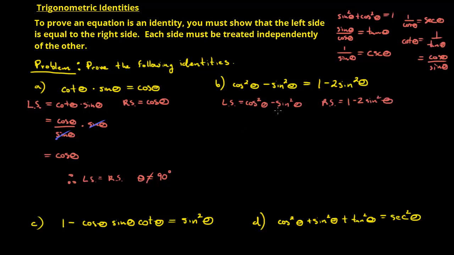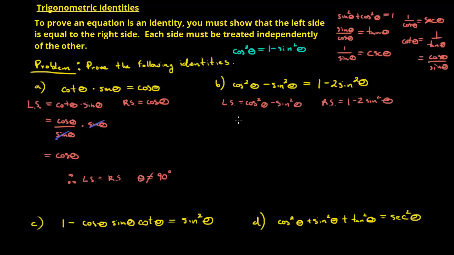Anytime you have something like cos squared theta or sine squared theta, it's a good idea to try to use the Pythagorean identity. As an aside, if we know that sine squared theta plus cos squared theta is equal to 1, then if I subtract sine squared theta from both sides of the equation, I get that cos squared theta is equal to 1 minus sine squared theta. So in this equation, I can replace cos squared theta with 1 minus sine squared theta.